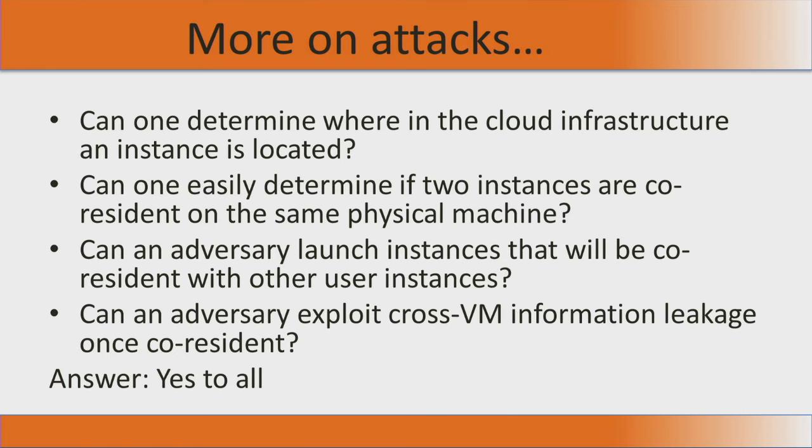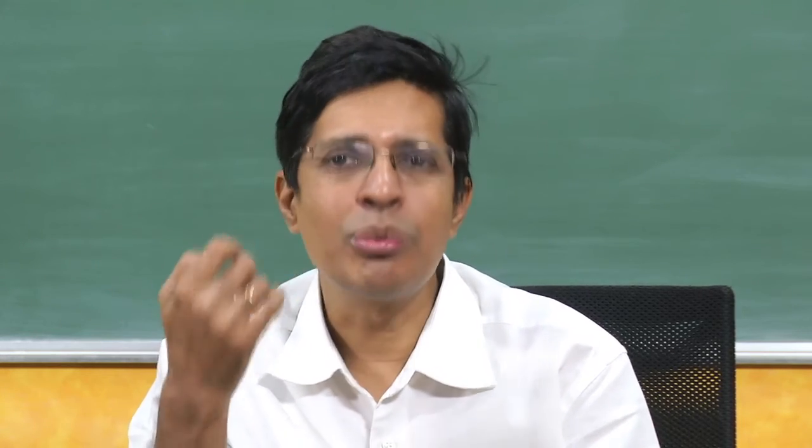Can an adversary launch instances that will be co-resident with other user instances of his choice? Can an adversary cause virtual machine information leakage once he is co-resident? The answer to all these things unfortunately is yes to all, and that makes security on the cloud a very important aspect.